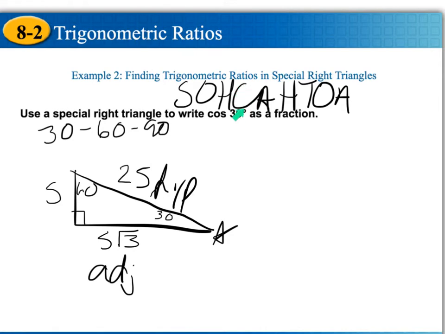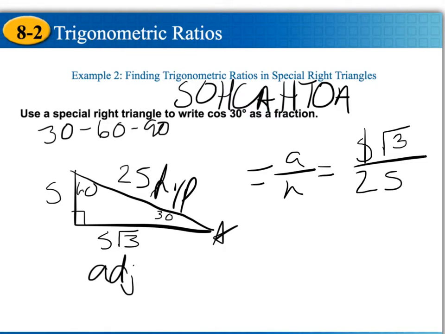Cosine is the C, and that tells me to do A, the adjacent, over H, the hypotenuse. Adjacent over hypotenuse is S square root of 3 over 2S. The S's cancel out, and I'm left with square root of 3 over 2.